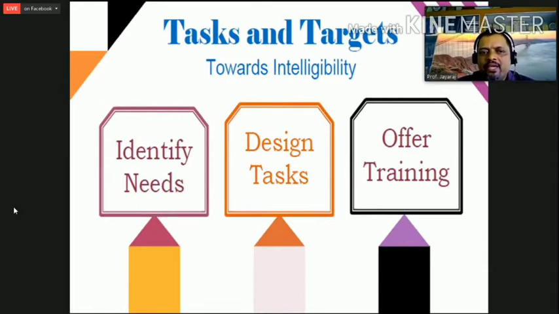While teaching listening and speaking, we need to identify the needs of the learners. What are the problems they have in terms of languageness and pronunciation? Some students may be using the 'r' very overtly.